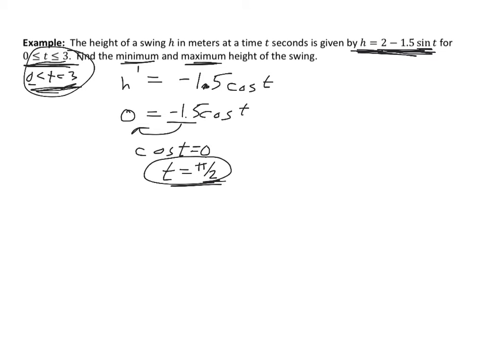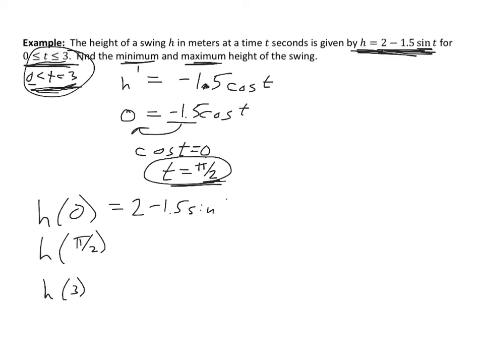So I need to compute h of 0, h of pi over 2, and h of 3, and look at which one is the smallest and which is the highest. So h of 0 is 2 minus 1.5 sine of 0, and the sine of 0 is 0, so this whole second part vanishes, and the height at time 0 is 2 meters.